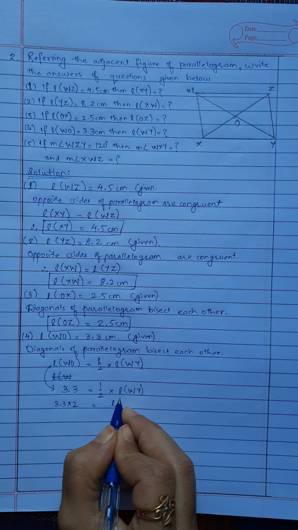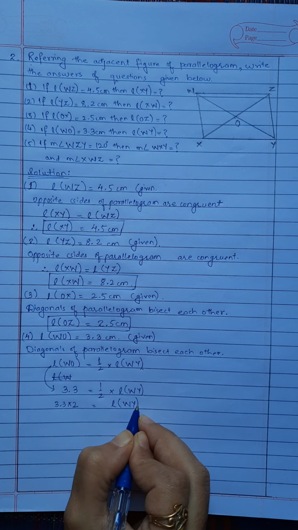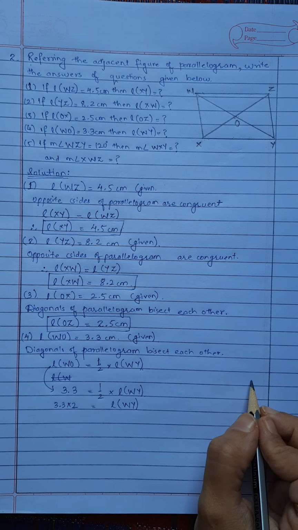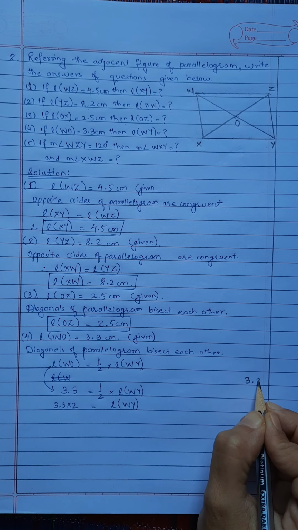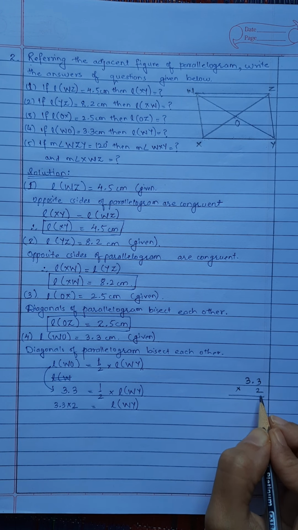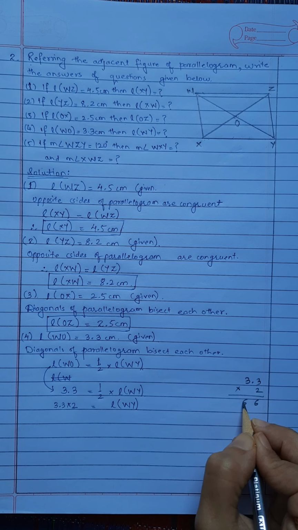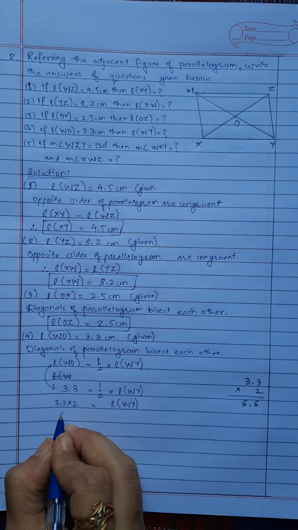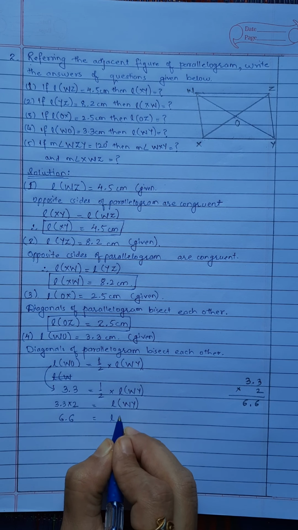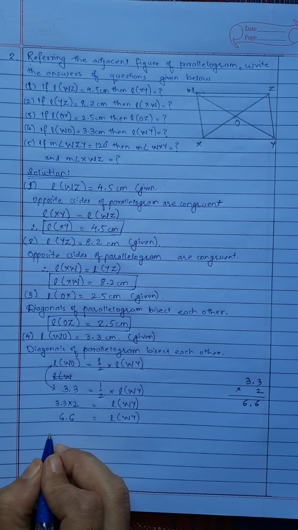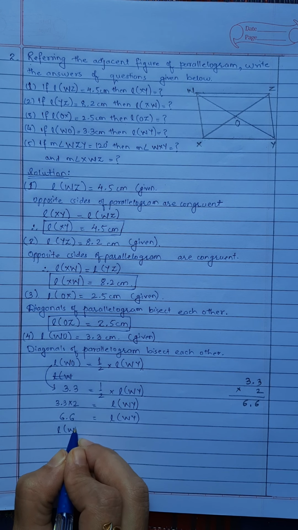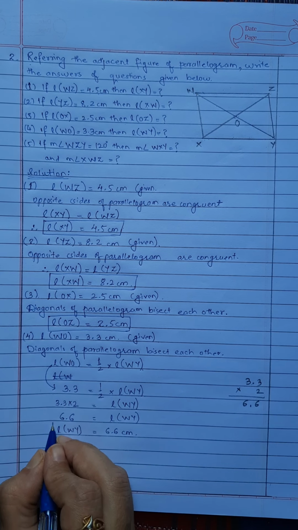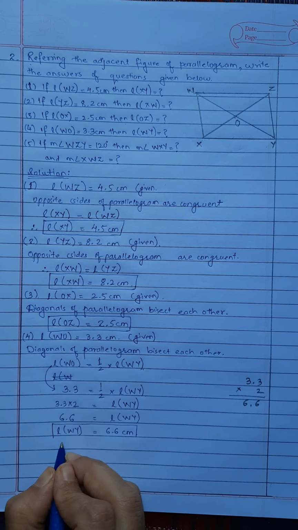So it is equal to WY. Now multiply: 3.3 into 2. 3 twos are 6, 3 twos are 6. The point will come here. So 6.6 will be your answer. Length of WY will be equal to 6.6 centimeters, which was asked in the question.